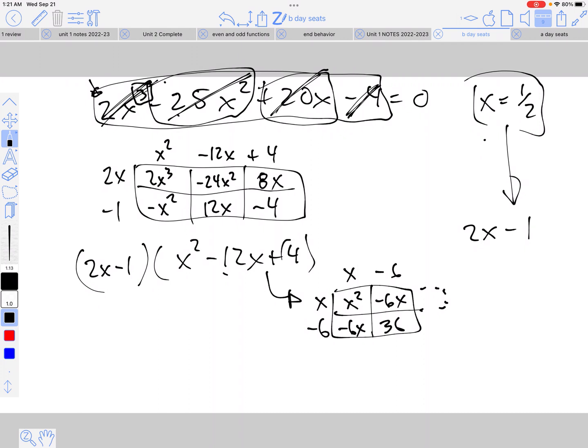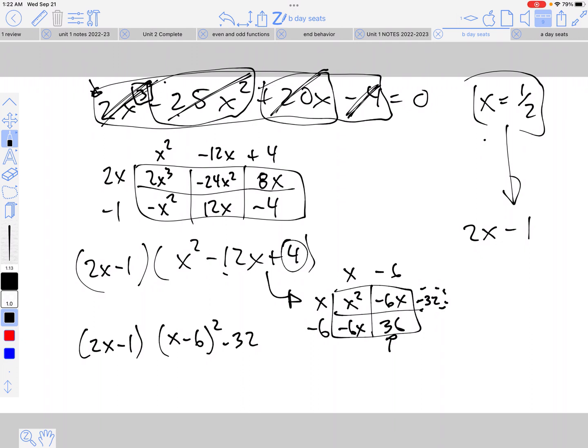But notice, I don't have a 36 there, I have a 4. So I know that I needed a negative 32 to account for it. So I have 2x minus 1 times x minus 6 squared. But remember, x minus 6 squared created a 36, so I need that remainder of negative 32 to get that 4, okay?